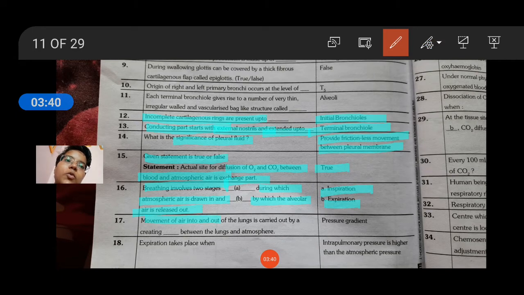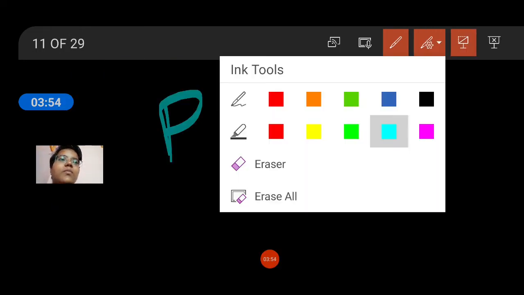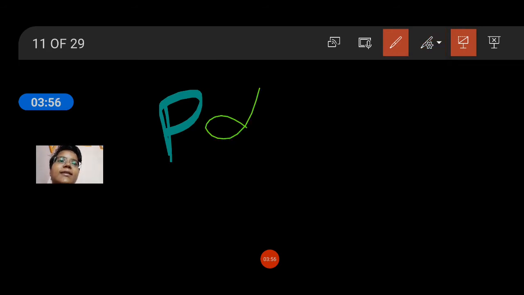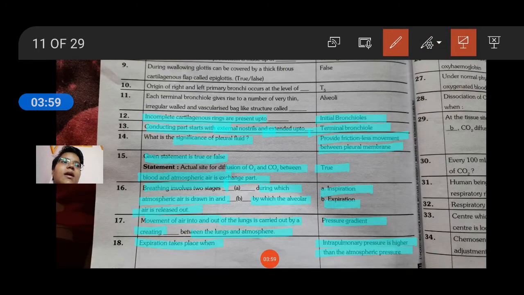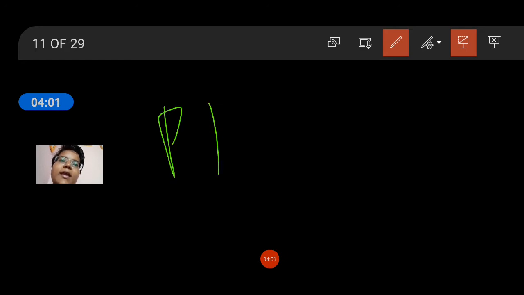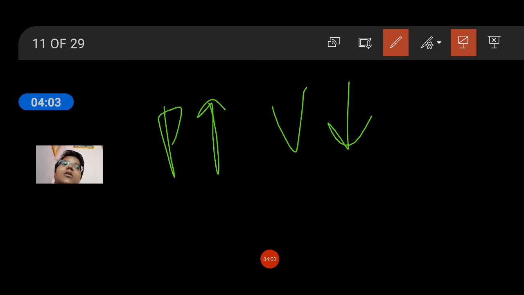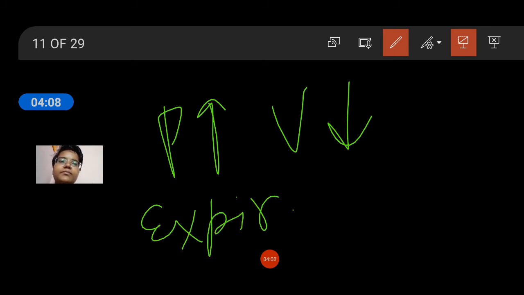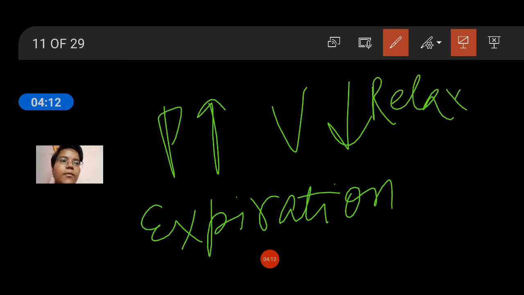Movement of air into and out of the lungs is carried out by creating a pressure gradient between the lungs and the atmosphere. Expiration takes place when intrapleural pressure is higher than the atmospheric pressure. One more thing is that P is inversely proportional to V. So when pressure increases, volume decreases, which is during expiration, when the diaphragm relaxes.